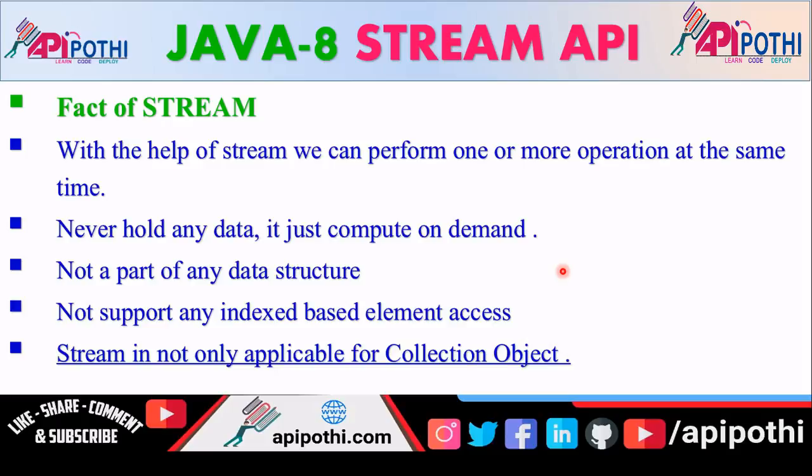Now in Stream API, as we will see in the coming examples, we are not able to fetch the data based on index. Suppose we have an array. If you want the data from index 0, we can easily get it. If you want data from the collection at index 1, you can easily get it. But if you work in Stream API, it is a little challenging, or sometimes not possible, to fetch the data based on index.